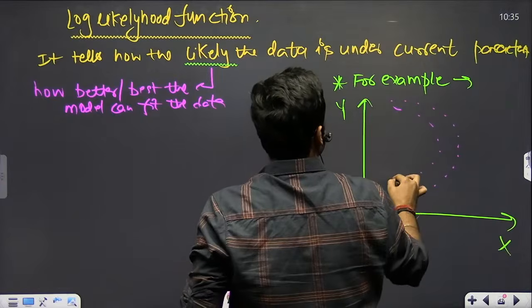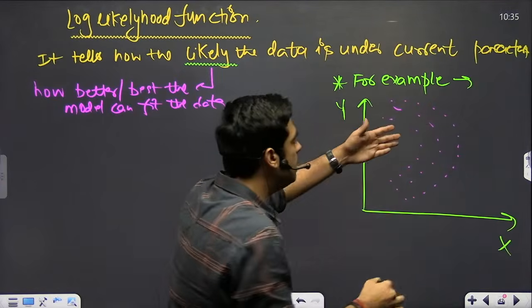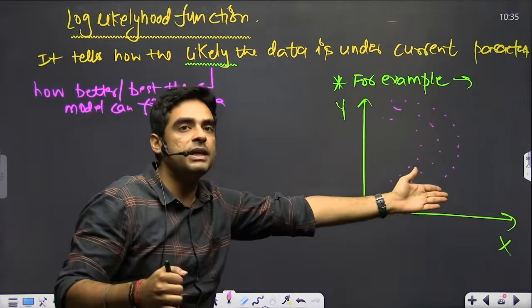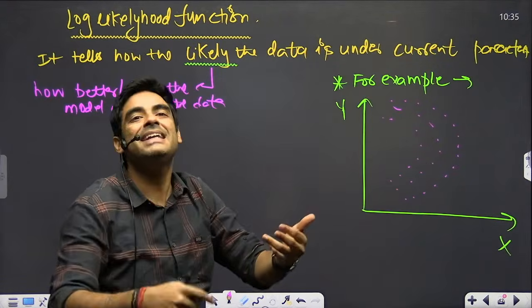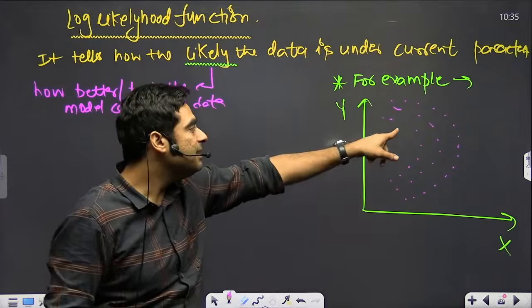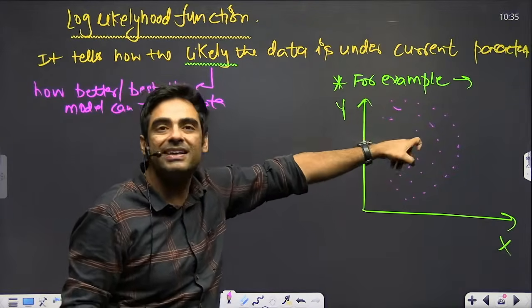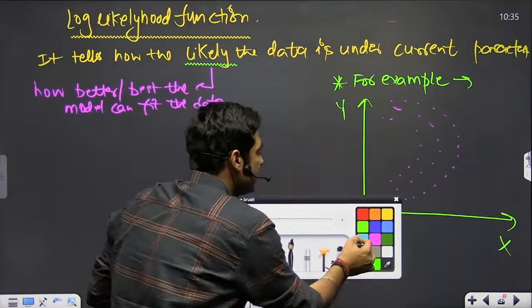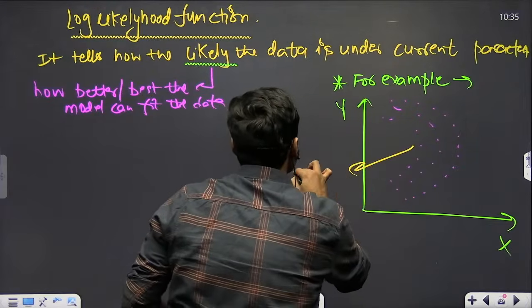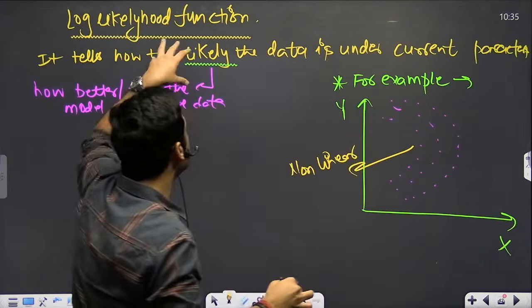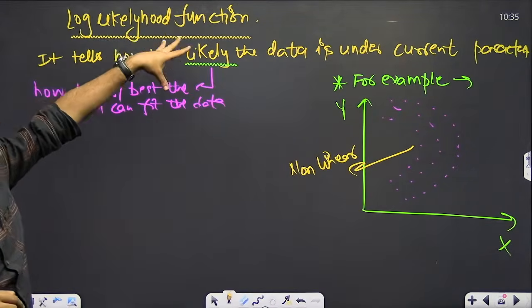After doing EDA, I hope you are able to see that this data is not at all likely. It is not suited for fitting a logistic regression model because it is non-linear data. So this is not at all likely data for a logistic regression model.